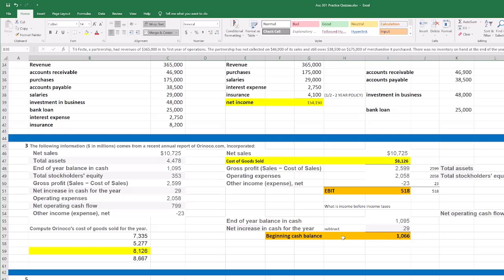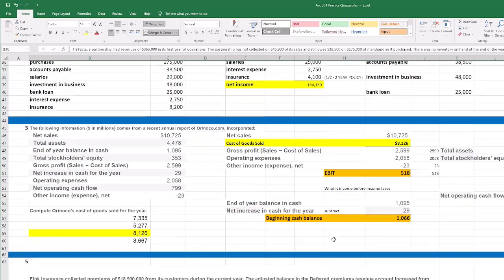I know this is backwards. If this was on top, we'd have beginning cash of $10.66 plus net increase of cash of $29 will get us to $10.95. Now, if it said net decrease in cash for the year, then we would add this, right? Because then we would have a decrease in cash. Okay. All right, and I think we've beat that one to death.